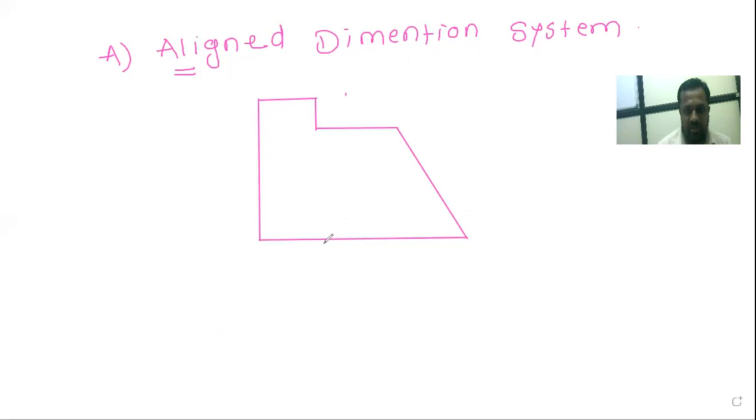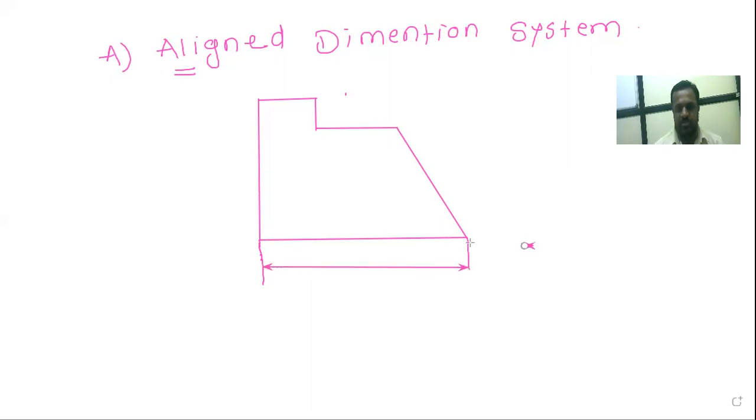Suppose we have to show the dimension to this point or this part. So first of all we have to draw the extension line. That extension line should be very thin like this. We have to draw the extension line here. See, this is called the extension line. And then we have to draw the dimension line. Here in this way we have to draw the dimension line.